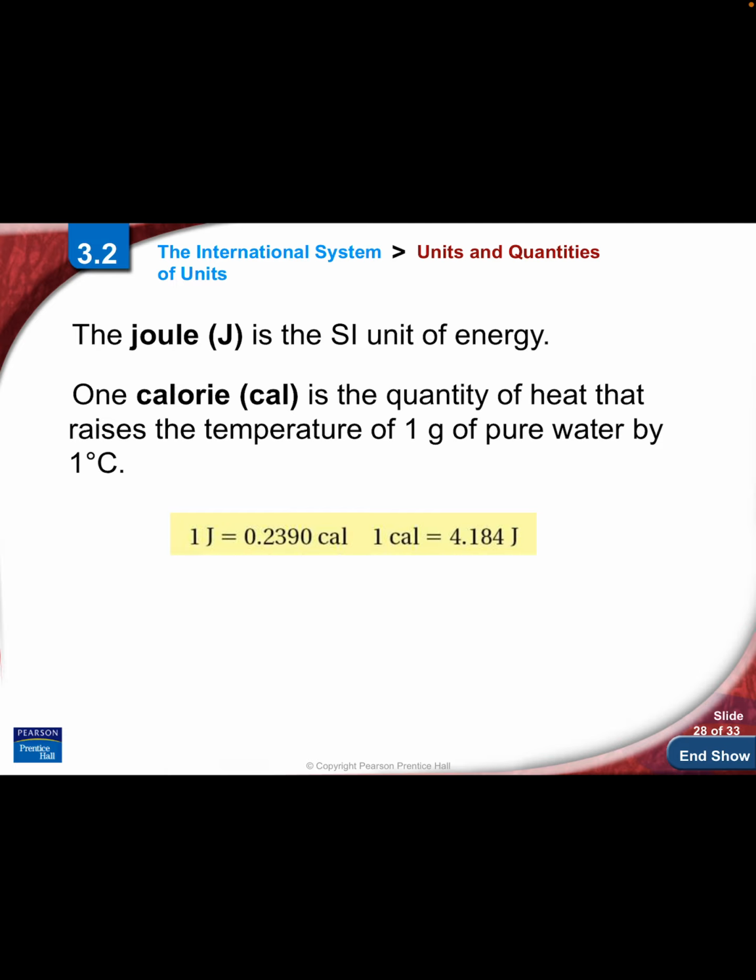And a calorie and a joule are derived units, and let me tell you what that means. That means they are not base units. They are derived from the other units.